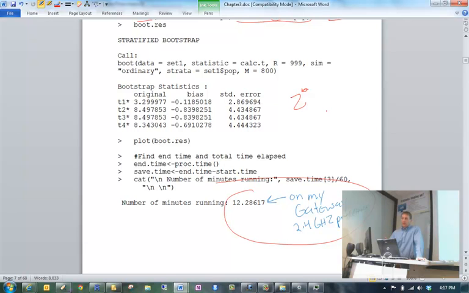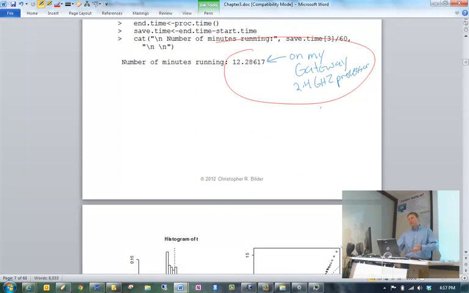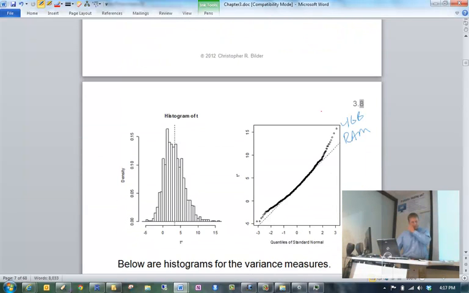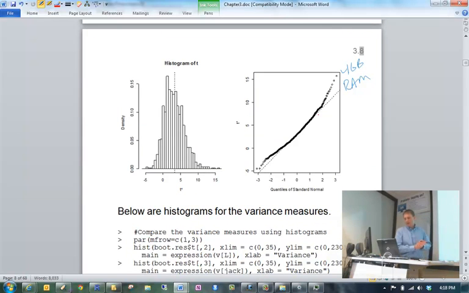Are they similar or are they different? And if they're different, of course, then that might make you worried about, well, is one of them wrong? Or are they all wrong? So that's why I did 3 different ways to implement this with these variances.